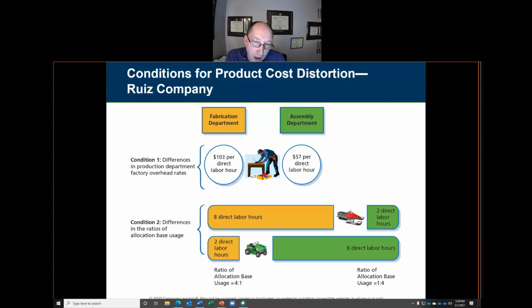For the riding lawnmowers, it's 2 hours, so 2 times 103. And then in the assembly department, 2 hours for the snowmobile, 8 hours for the riding lawnmower. That's how these ratios are computed. It's just a graphical representation of the previous slide and what we already talked about. Again, it's not as clear as the nice chart that we saw.